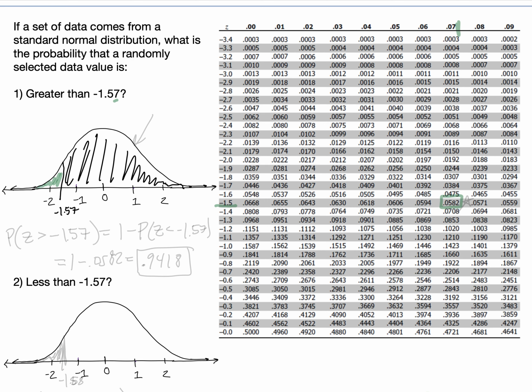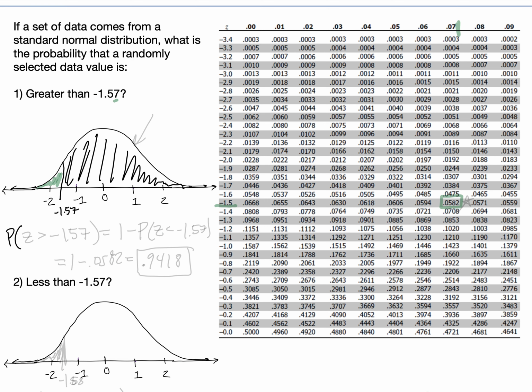And that makes sense with thinking about this 0.0582, that's less than a half, less than 0.5. So that wouldn't make sense as the black shaded area, because the black shaded area is clearly much larger than a half, whereas the green shaded area is more along the lines of something close to 6% or 0.058.